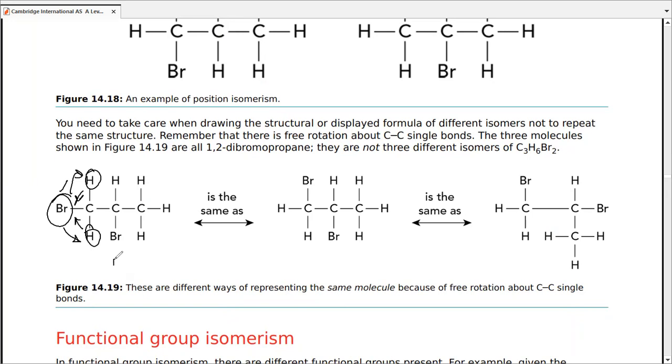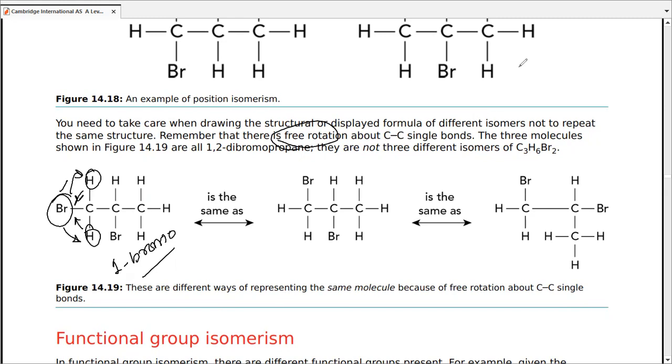It would still be one bromo. And really, the position of bromine on the carbon atom, because of the free rotation, does not matter, and it does not result in a different isomer. However, on a doubly bonded carbon atom, since there is no free rotation, it does matter.